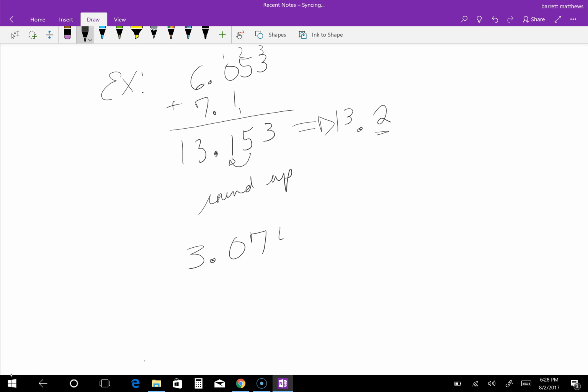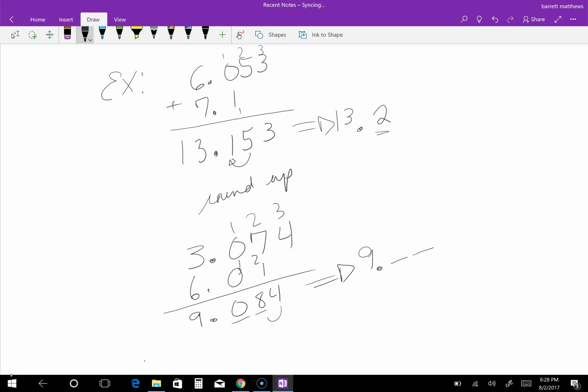Let's take a look at another example. 3.074 plus 6.01. That will equal 9.084. I count the top is 1, 2, 3. The bottom is 1, 2. Fewest is 2, so I can only report 2.